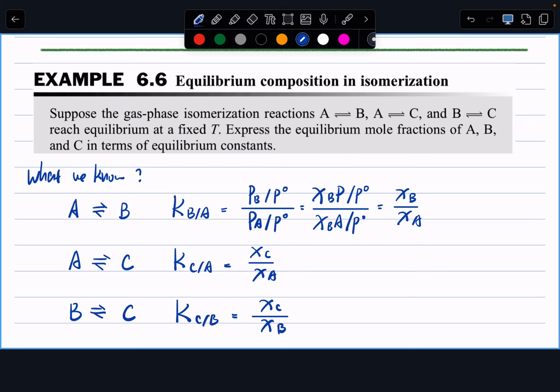Note that all these mole fractions are the equilibrium mole fractions. All right, so this is what we know.